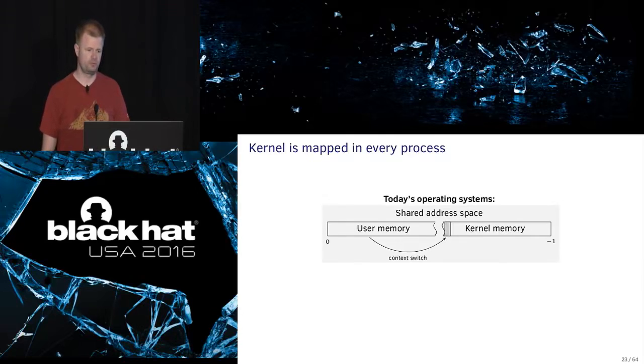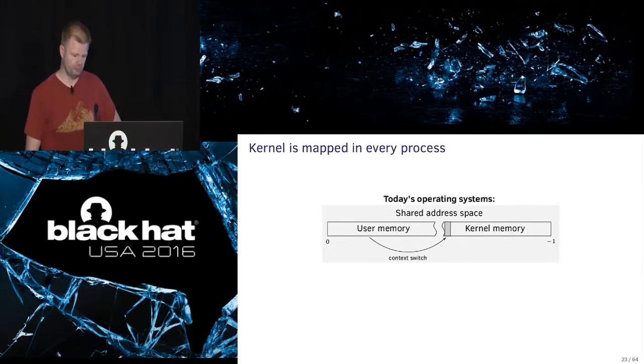And for that, it calls into the kernel, where a privilege escalation is made, and then the stack is changed. So this means that the kernel is present in every user mode application. However, it typically protects itself from access using the page tables.